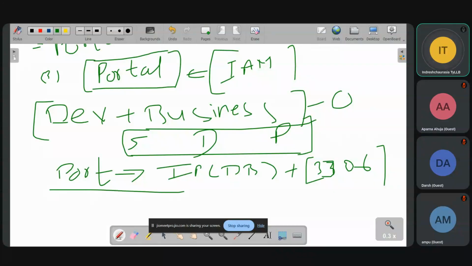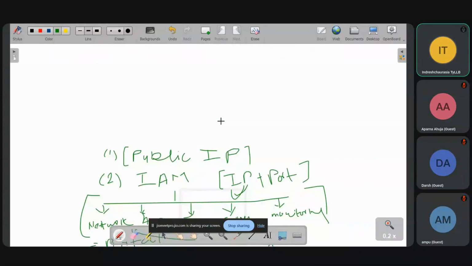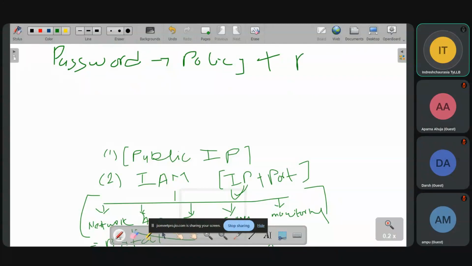Then, the same thing with identity and access management. When it comes to that, passwords also come into the picture, right? So what will they do? They will put simple passwords, with no password policies. The password policy also gets corrupted. See, when you own your own data center, you make policies and procedures for how you are going to set passwords, right? 8 characters plus alphanumerical, all those things, right?